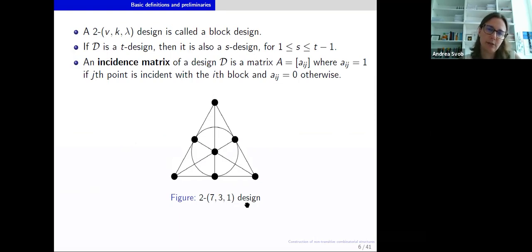It is a symmetric design having 7 points and 7 blocks. And for each design, we can relate an incidence matrix, which is a 0-1 matrix, having a 1 when a point and a block are incident, and having 0 otherwise.